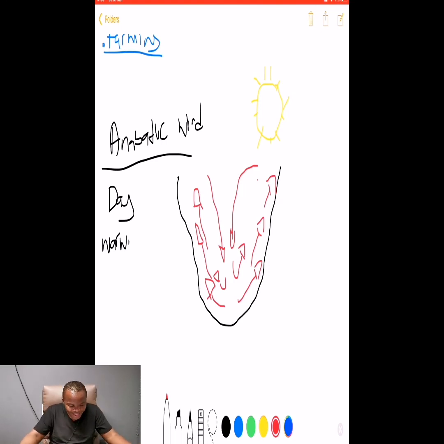It is a gentle movement of air up the slope. That is what is referred to as the anabatic winds.